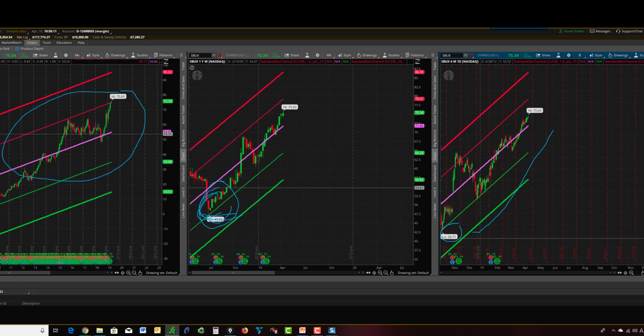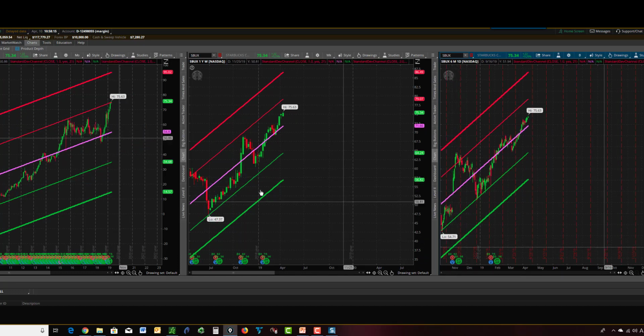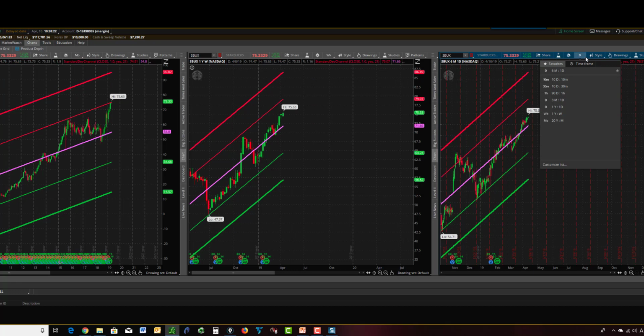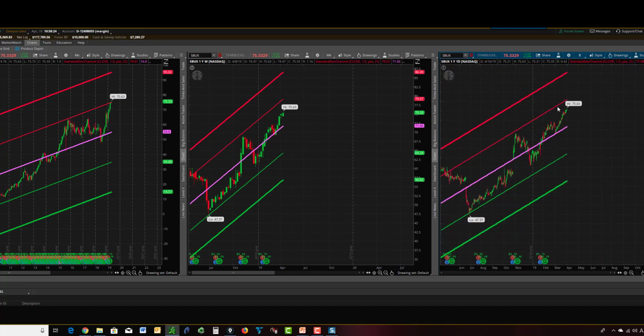Still, it looks like it's about here, 47, this is 54. If I go to 1 year, let me see if I find the same thing. Yeah. So at this point here, you see the same thing happens on our daily chart as well.